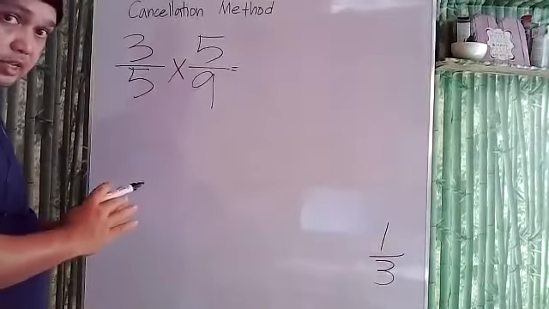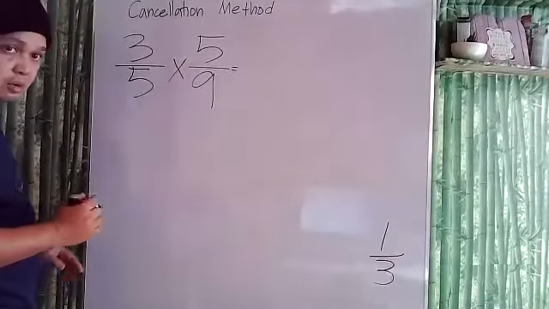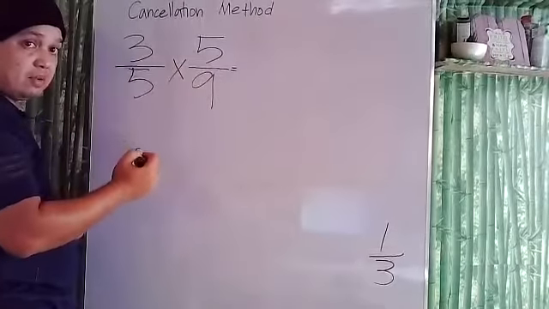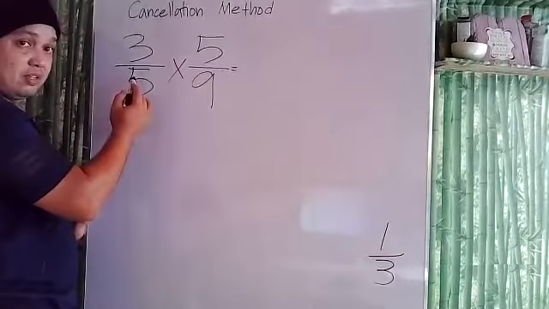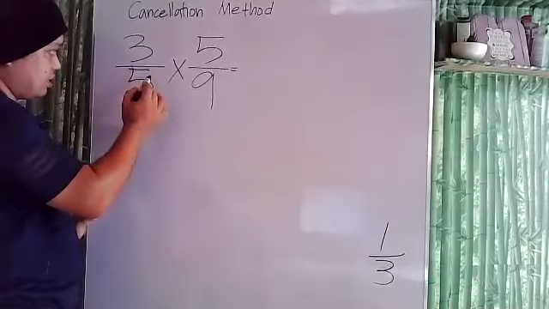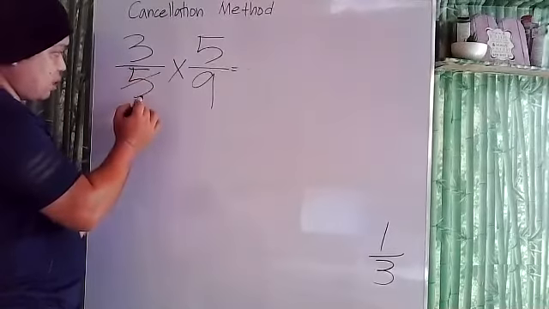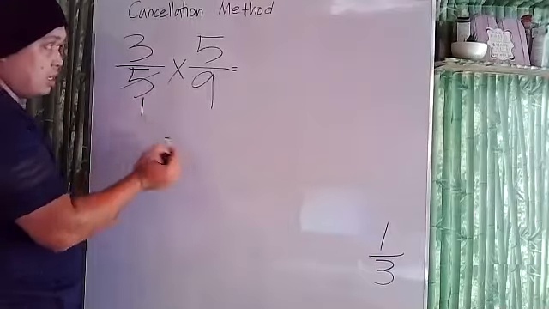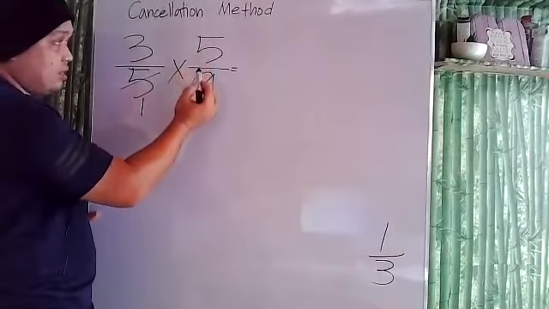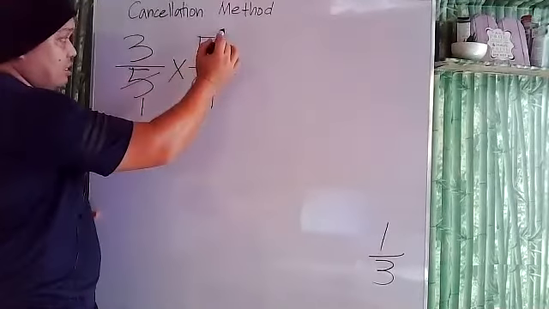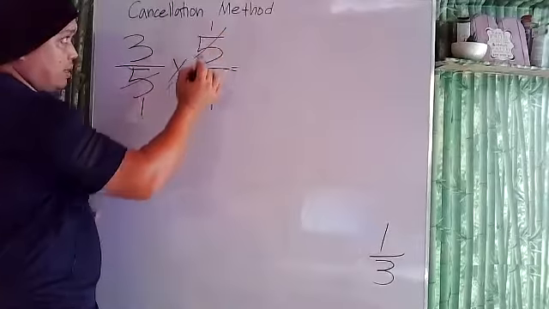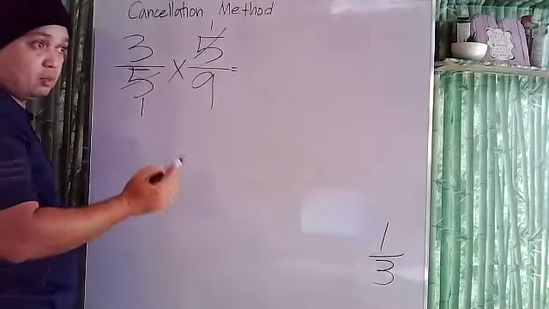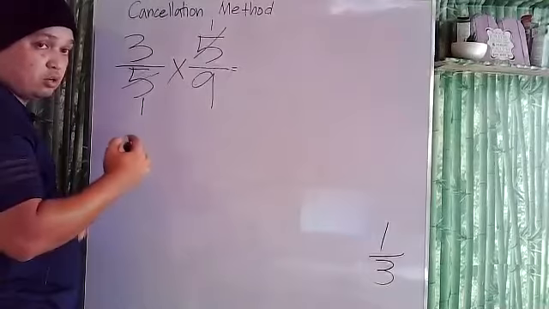So if we divide them, 5 and 5 are both divisible by 5, let's divide. 5 divided by 5 is 1. Okay, we cancel. It's 1 now. Here, 5 divided by 5 is also 1. So they are no longer 5 but 1, because we cancelled crosswise.